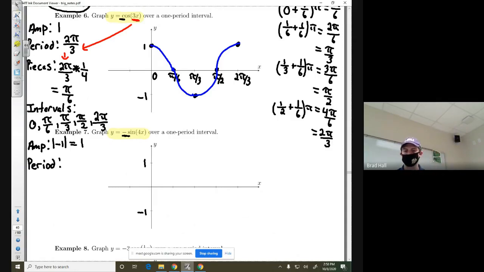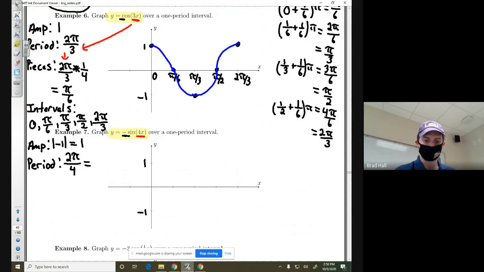What about the period? What's the period change? 2 pi over 4. Yeah, it's 2 pi over 4. So remember, when a number multiplies the x directly, that is going to change the period. So now we just divide by 4. But we can actually simplify that.